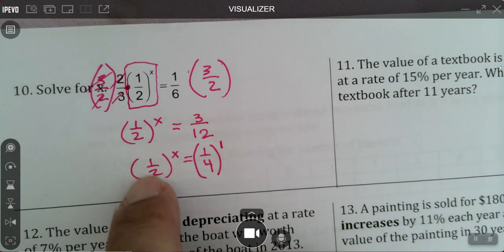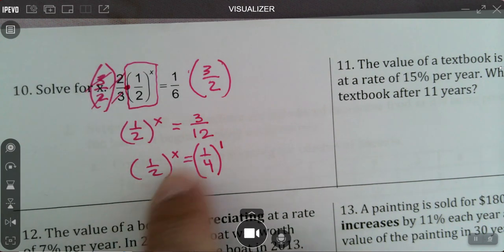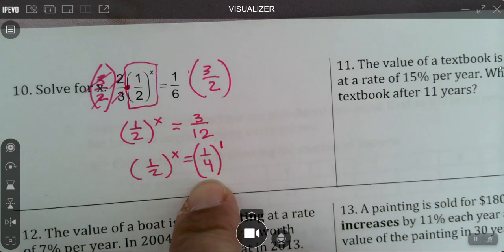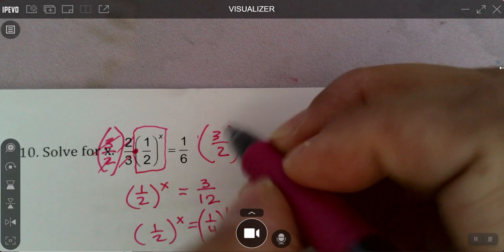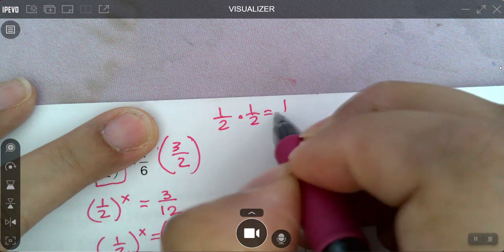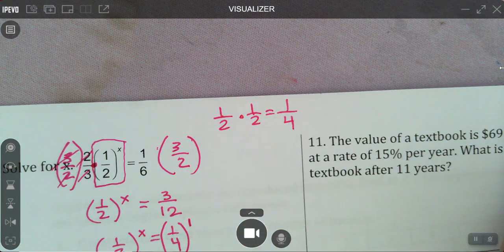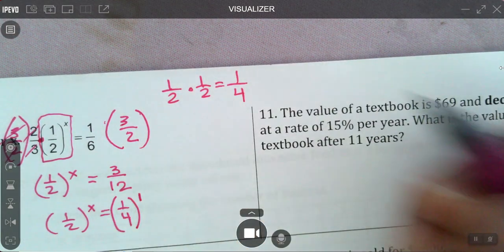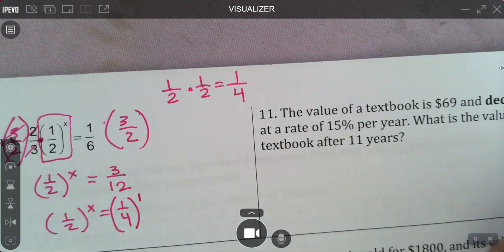No, because they don't have the same base. What's the base over here? 1/2. What's the base over here? 1/4. So something else that you should know is that 1/2 times 1/2 is equal to 1/4. So literally that means that, watch the math here, okay?